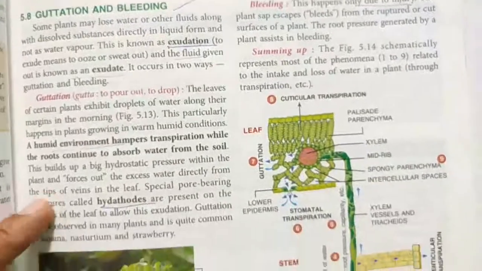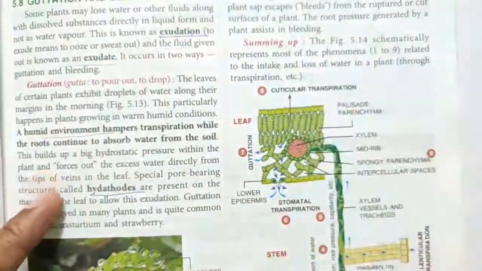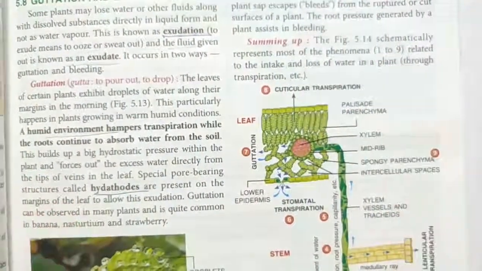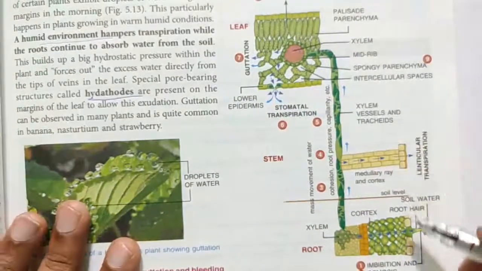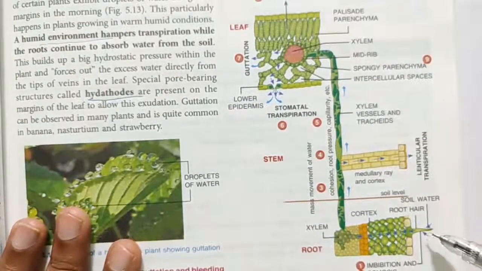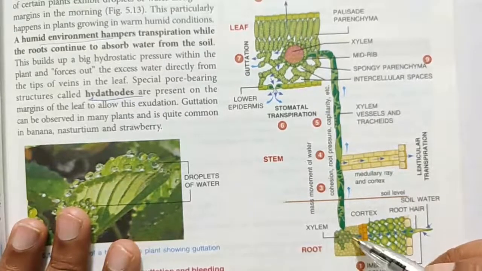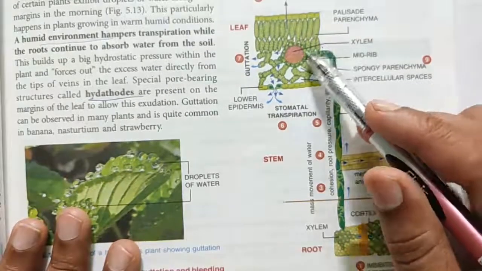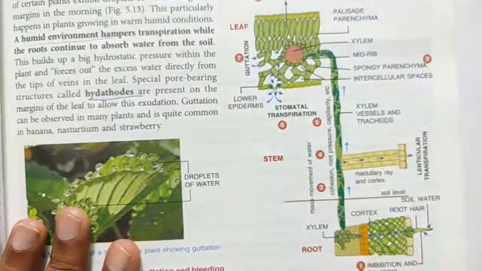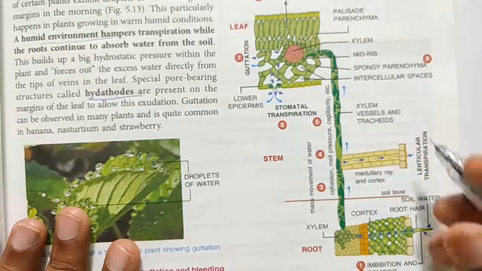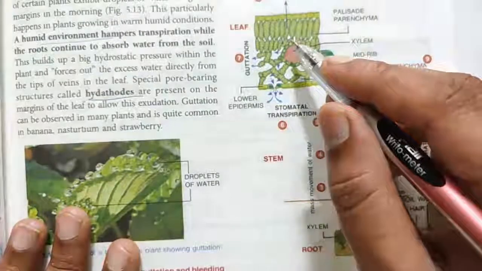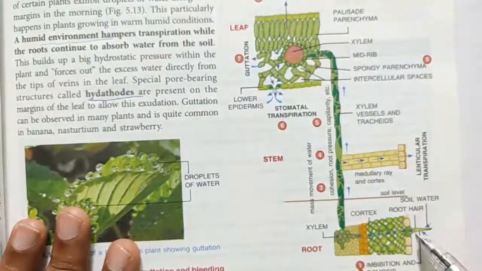Now last is the summing up. Here, if you see the diagram, all the processes are given: how the water and the minerals enter the roots as well as go to the leaf part of the plant, and how the mechanism of transpiration is taking place. You need not learn the whole structure, but some of the structure you have to learn.